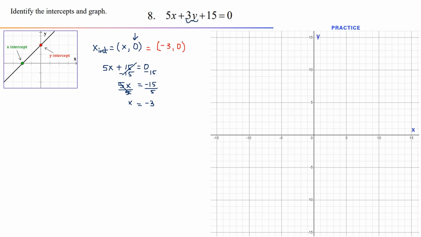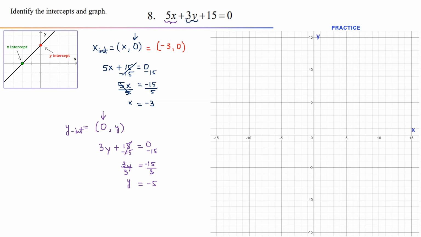Then we're looking for the y-intercept, that equals 0 comma y. Now when x equals 0, the whole x term will be equal 0. So now we have 5x to be 0. 5 times 0 is 0. And we are left with 3y plus 15 equals 0. Now we subtract 15 from both sides. Y equals negative 5. Divide both sides by 3 to get that.